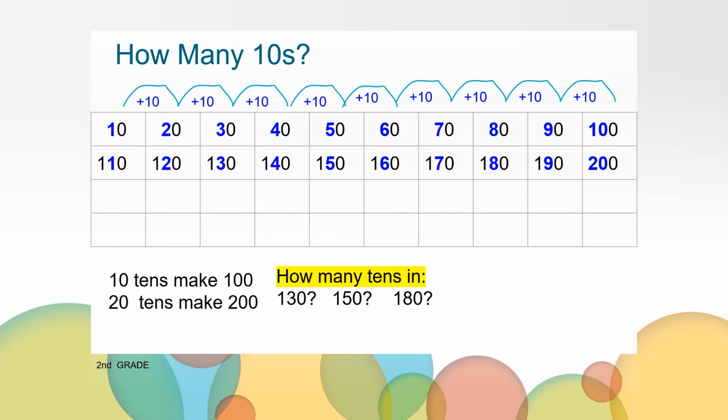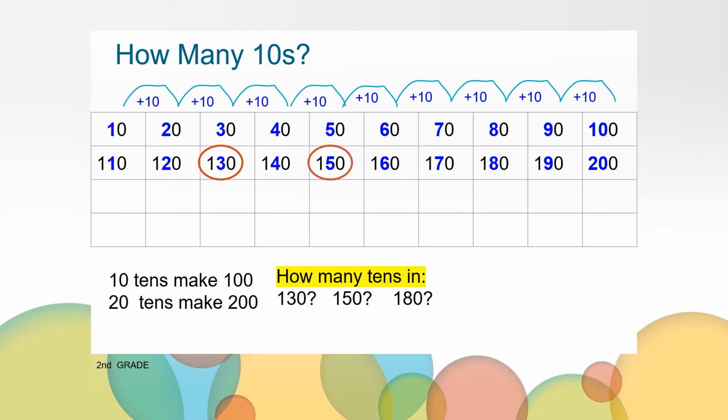So how many tens in 130? Well, there are 10 tens in 100, and then 110, 120, 130 is 3 more tens. So that makes 13 tens.